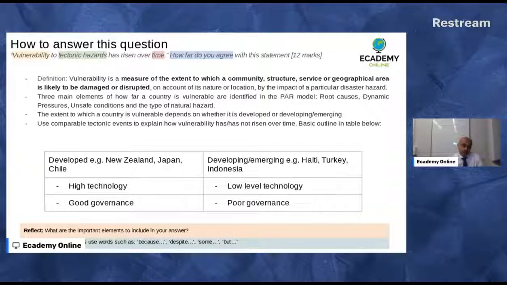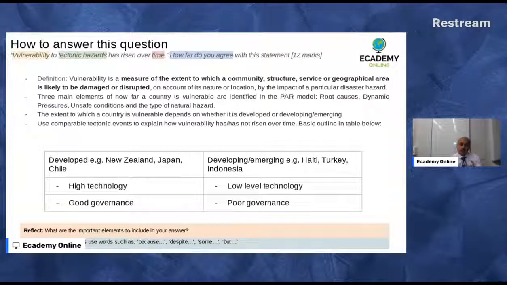Now, there are three main elements of how far a country is vulnerable. Okay, so these are really important. And actually, for this answer of a 12 marker, I think it's critical that you mention the PAR model. If you don't mention it, I think it's missing out on what the question is really asking you.